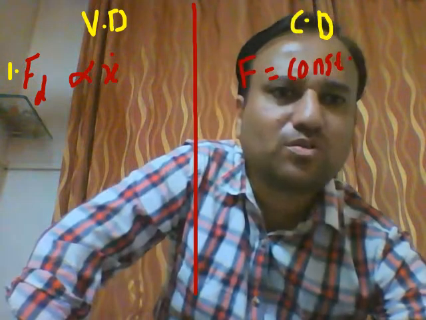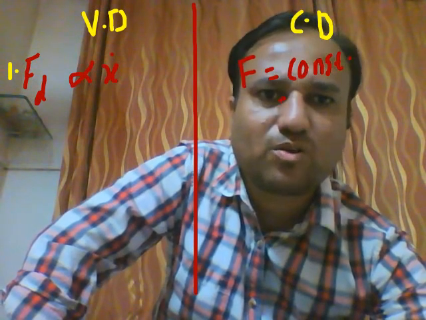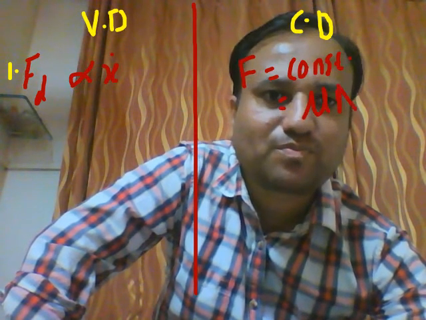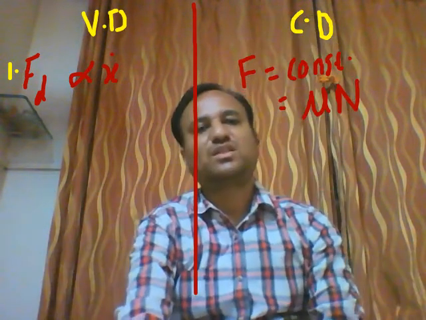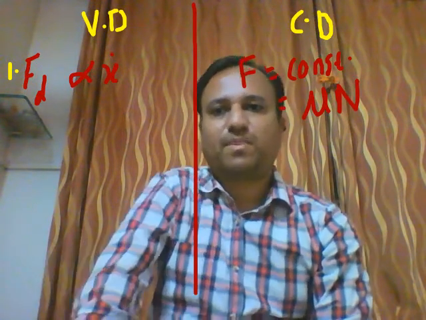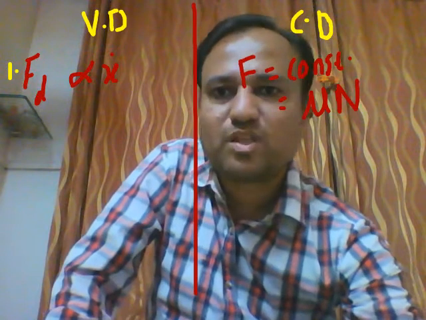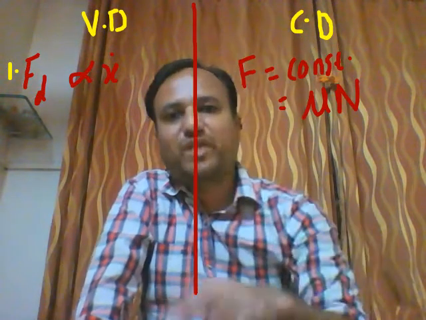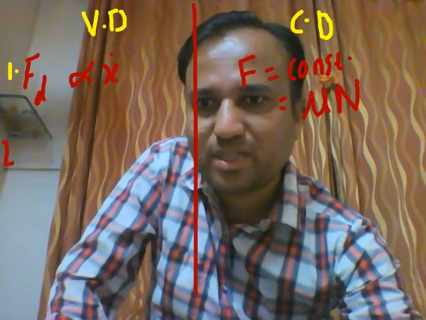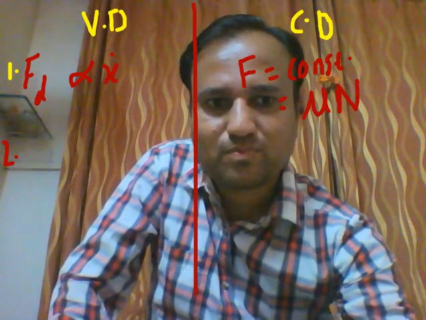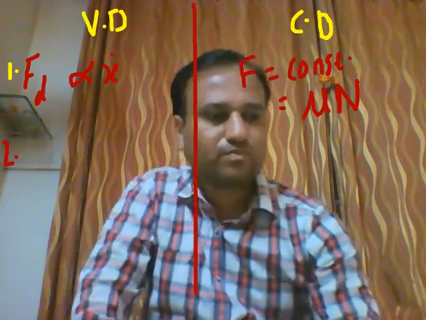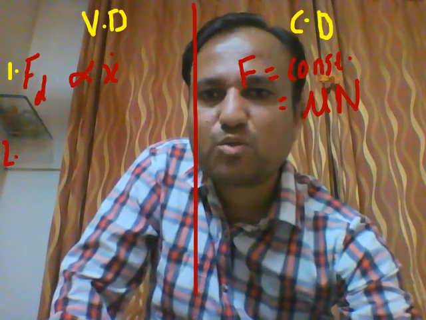That is, F is equal to mu N. We already know F is equal to mu N, where mu is the coefficient of friction and N is the normal reaction. So F is constant. So damping force varies with respect to time in viscous damping, and F is constant with respect to time in Coulomb damping. So second differentiating point, student: motion.